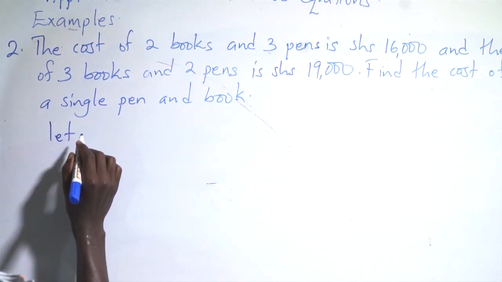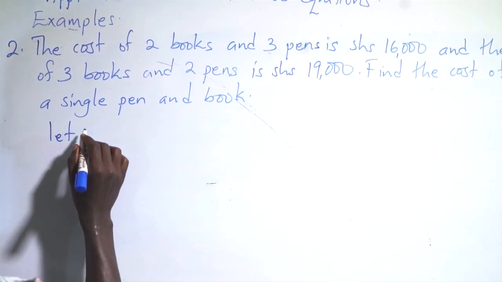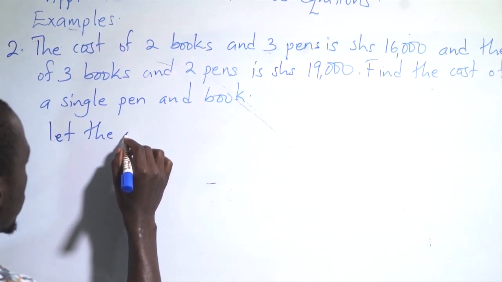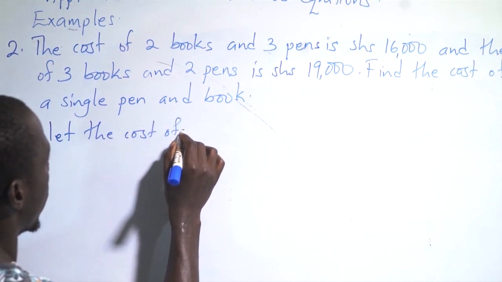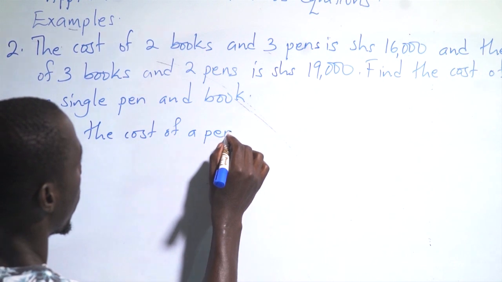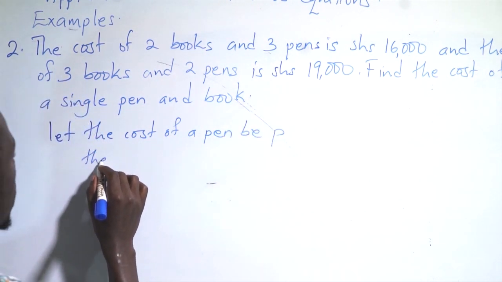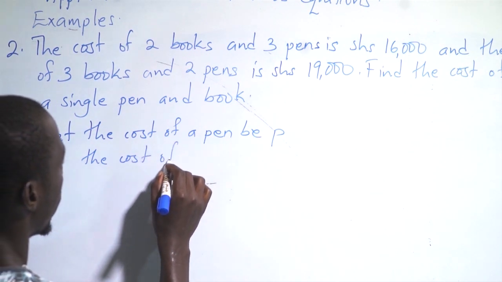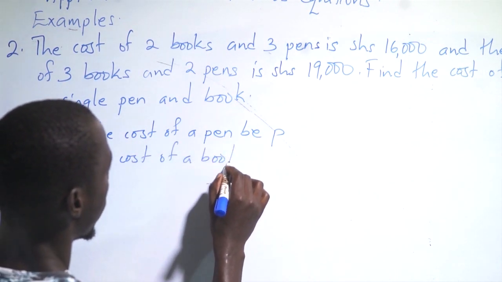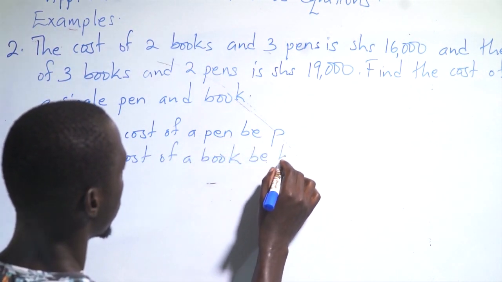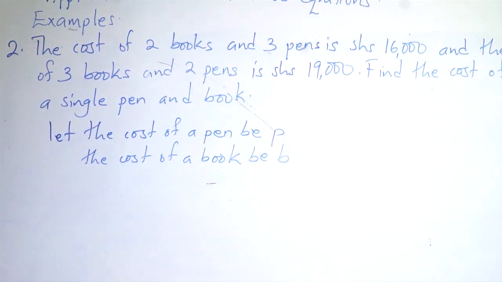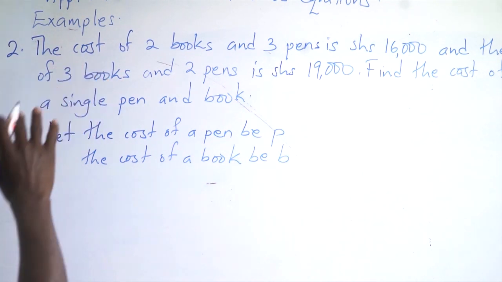So I begin by saying let the cost of a pen be P, then the cost of a book be B.